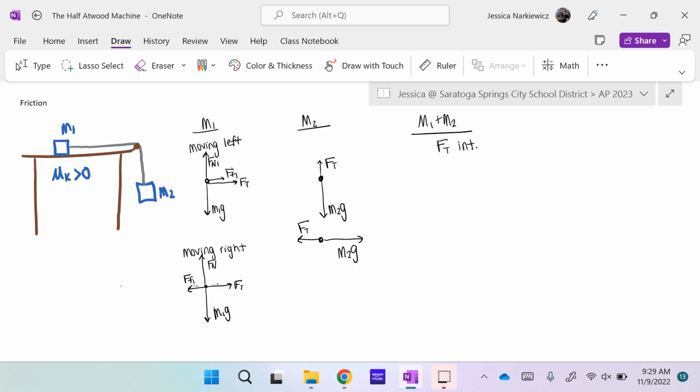Now, even though the force of friction is between the two blocks, as in direction, friction is really a force between M1 and the surface. So when I say between the two blocks, I mean an interaction between the two blocks, not physically in between them. So this system, again, is going to depend on whether we are moving left or whether we are moving right.